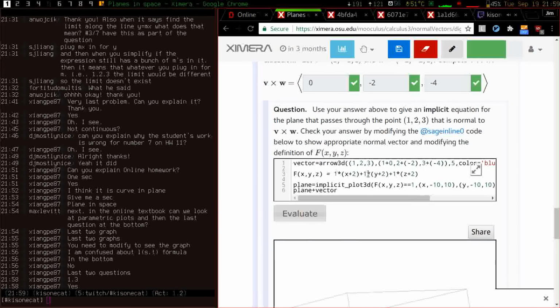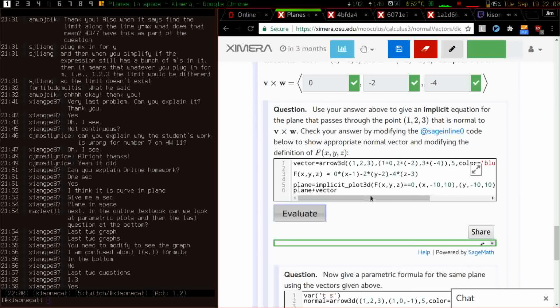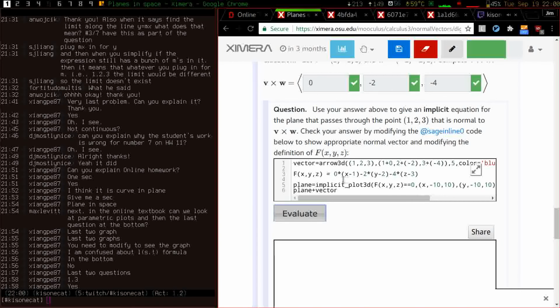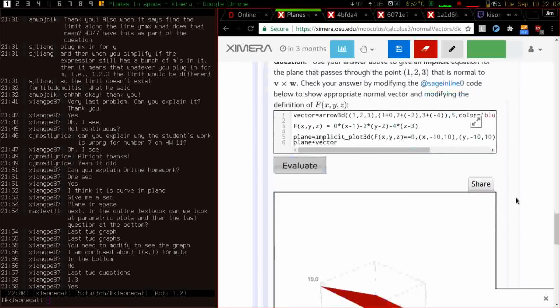And then I want to make sure this thing's actually normal and passes through the point 1, 2, 3. So I'm going to write x minus 1, y minus 2, z minus 3 to make sure that it passes through that point when it's equal to 0. And then I want to dot this with this normal vector. So 0, minus 2, minus 4 will successfully write down the dot product of 0, minus 2, minus 4 with x, y, z minus 1, 2, 3.